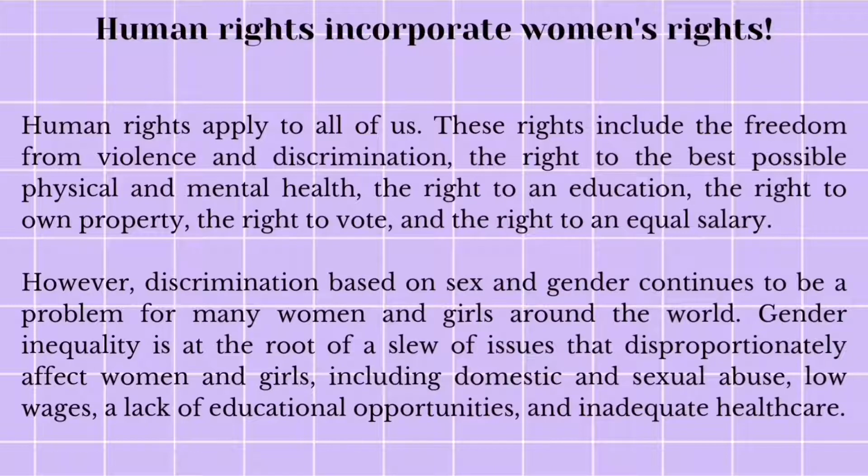However, discrimination based on sex and gender continues to be a problem for many women and girls around the world. Gender inequality is at the root of a slew of issues that disproportionately affect women and girls, including domestic and sexual abuse, low wages, a lack of educational opportunities, and inadequate healthcare.